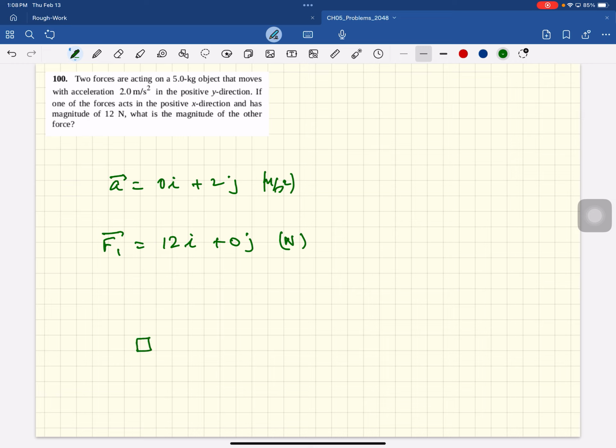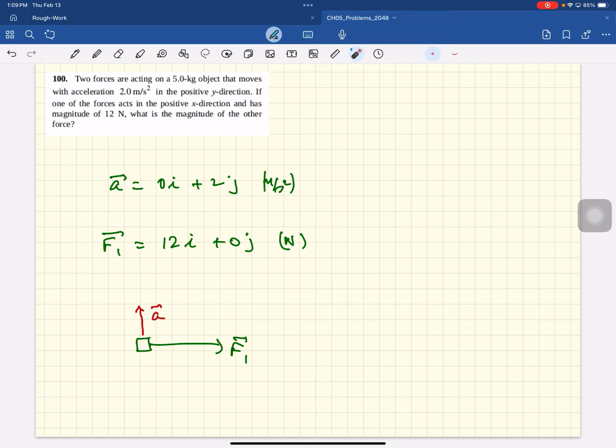So we have F1. And the acceleration is in this direction. What direction should the other force be in to make it accelerate in this direction?